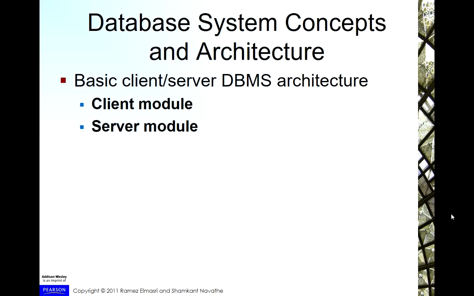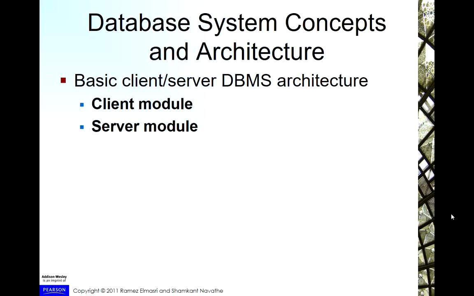The basic database management system architecture, we can call it client-server. That means a client module and a server module. The server module is concerned with computers that store the data and provide access to the data, so they provide resources to the clients.